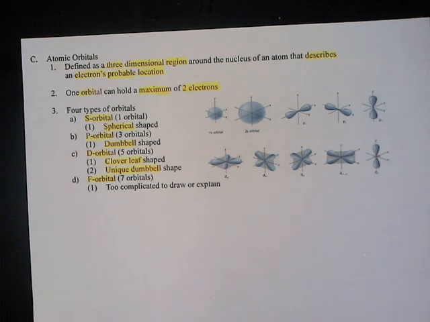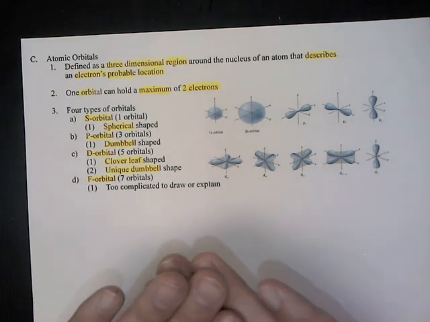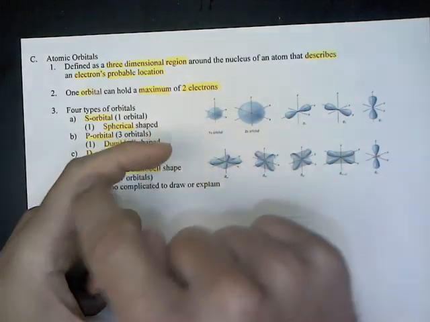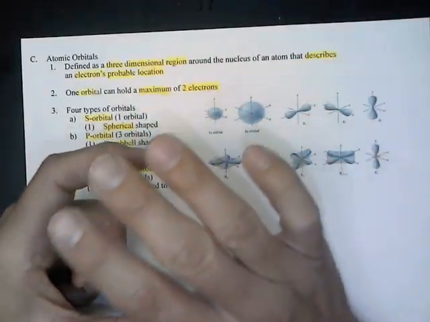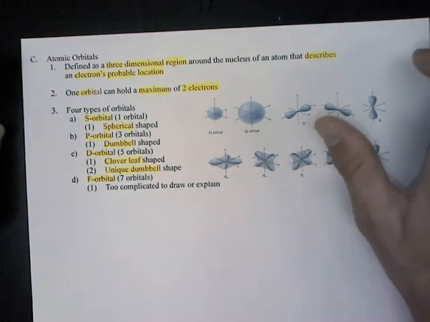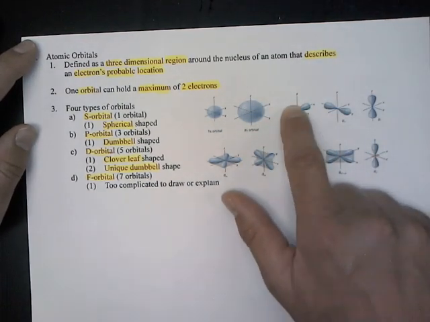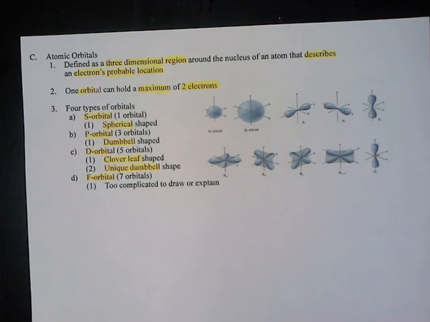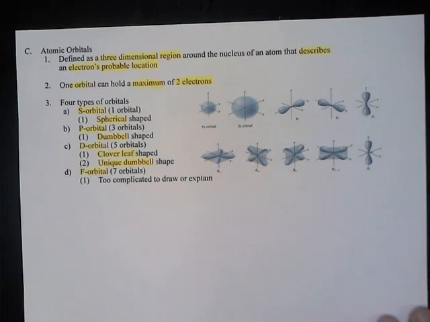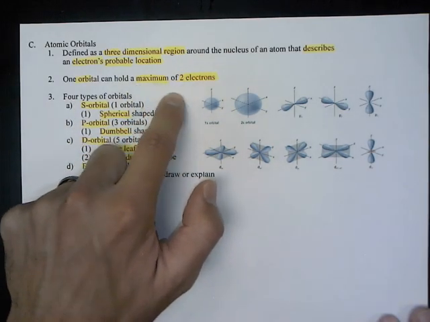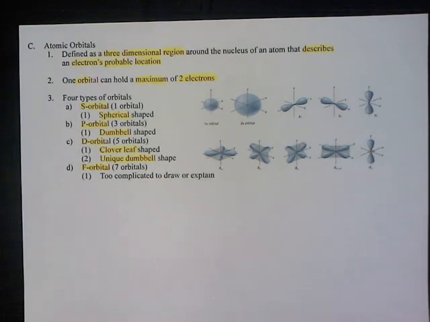We are describing where an electron can be, and I want you to break the habits of saying, hey, our electrons are tied to these tracked orbits or tracked regions, tracked areas in the atom. They can be in these generalized areas, and they're in the generalized areas because they move like a wave. The other thing I want to point out here is orbitals, whenever you see orbitals, can only hold a max of 2 electrons. This will play a role in section 3 when we start talking about electron configuration.